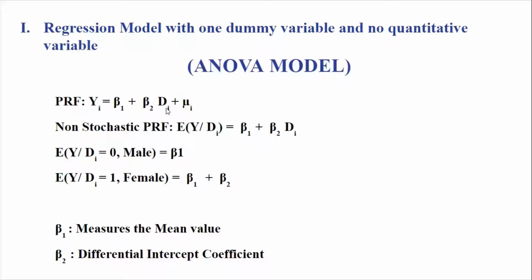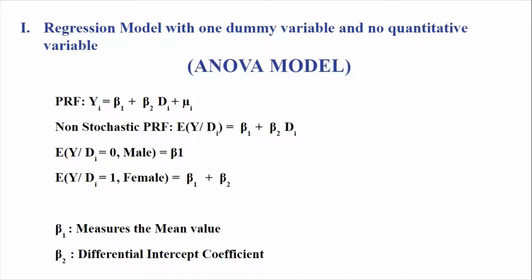So as you can see, in this regression model, there is only one dummy variable and there is no quantitative variable. Okay. Now, the non-stochastic PRF would be the expected value of y for given di, which can be written as beta 1 plus beta 2 di. Okay, so this is our regression model.